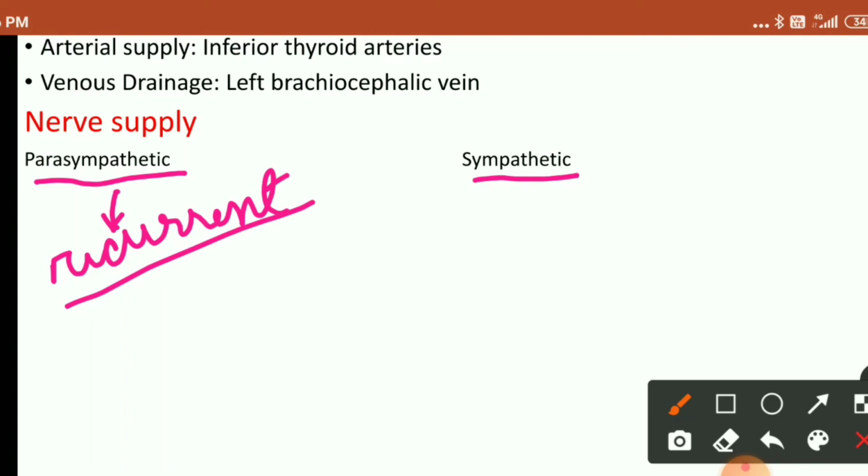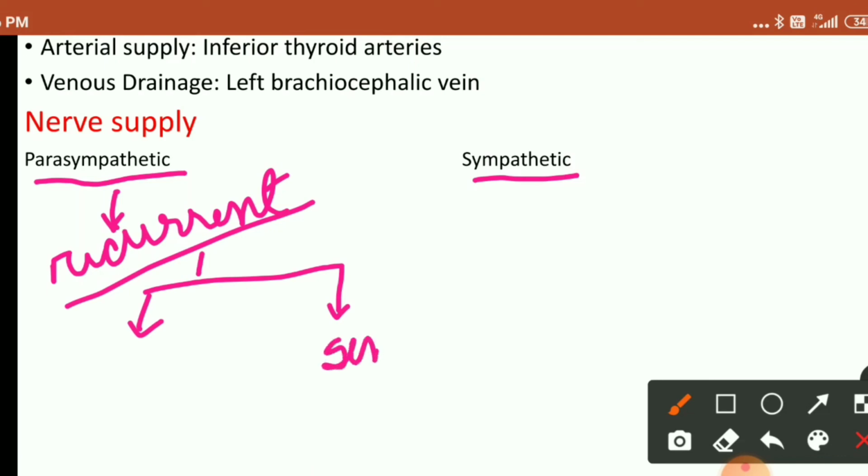So this is the recurrent laryngeal nerve, which mainly supplies the trachea also. And always remember that it has two functions, motor and sensory. We know that vagus has both motor and sensory components.